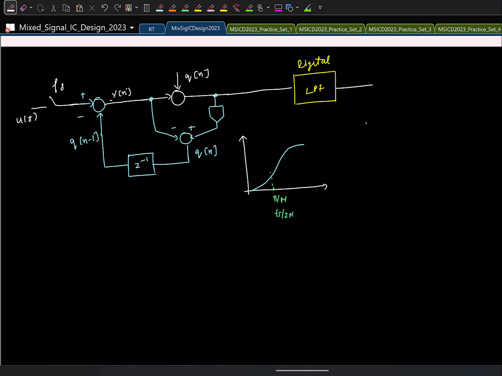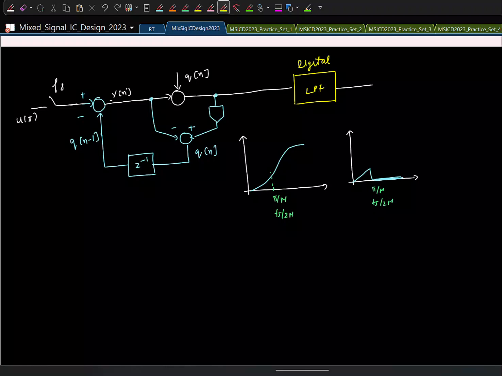After filtering, how will it look like? I am going to only pass this portion. So only that initial portion will be there, and again this frequency is pi by m or fs by 2m.